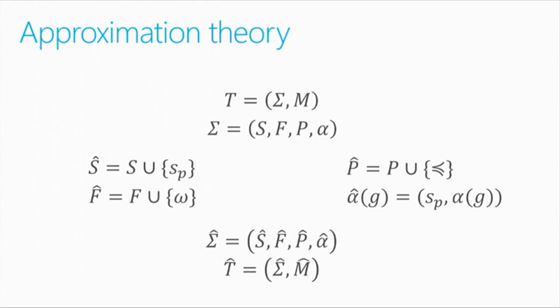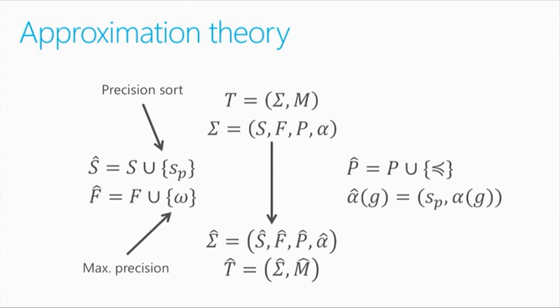And here's a slide for the theoreticians. We have some sort of theory and input problem. We add a new sort called the precision sort. That's SP over here, the precision sort. So every term in the formula is assigned some precision, and we know that there is a maximum precision called omega.